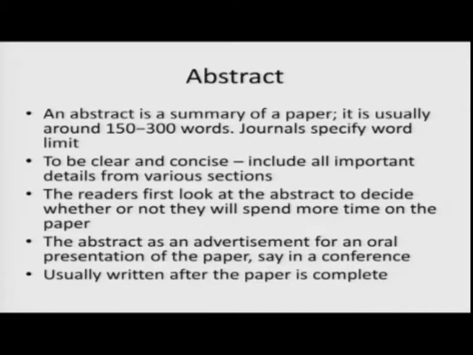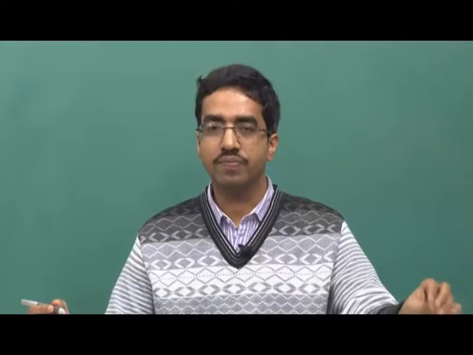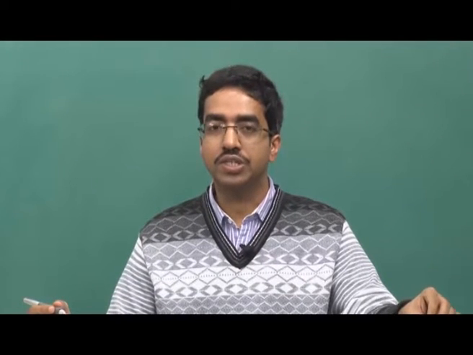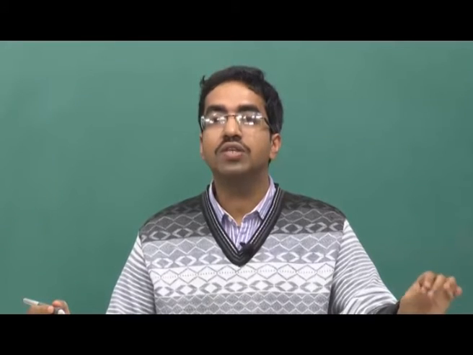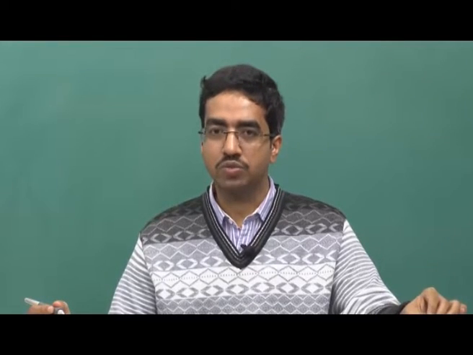The next important component is abstract. So, as we have seen earlier, abstract is a summary of your complete text. So, you have it in research reports, you have it in your research proposal, you also have it in dissertations, and you have it in research papers as well.